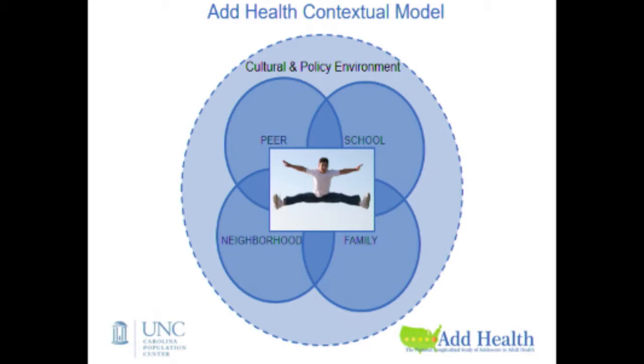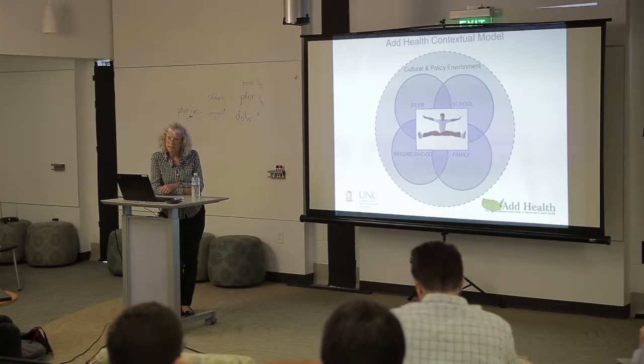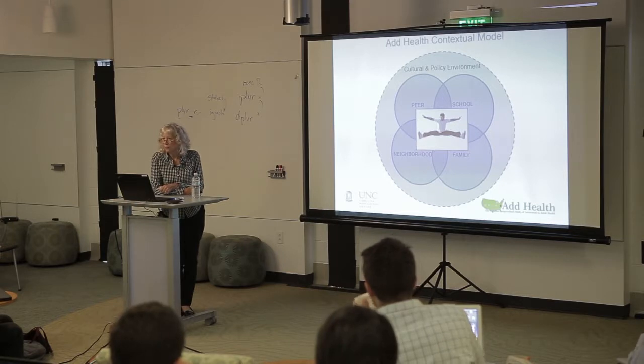And for the neighborhood, we have the geocoded residences of the adolescents, to which we merged a massive amount of community and neighborhood data from the census, but also from the CDC and other databases, the FBI crime statistics, policies, and so on. That is how we got the social context of adolescent life and merged it to the individual data that we collected by interviewing the adolescent in the home.